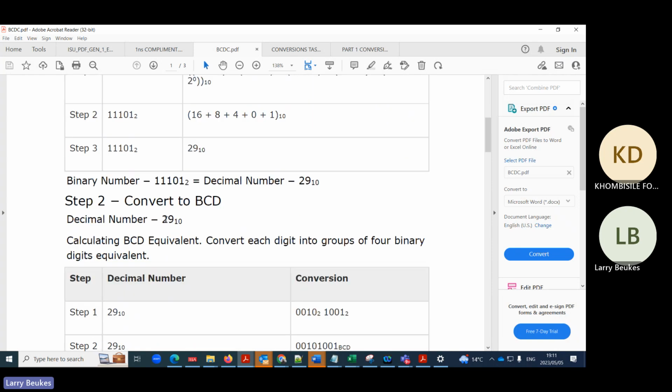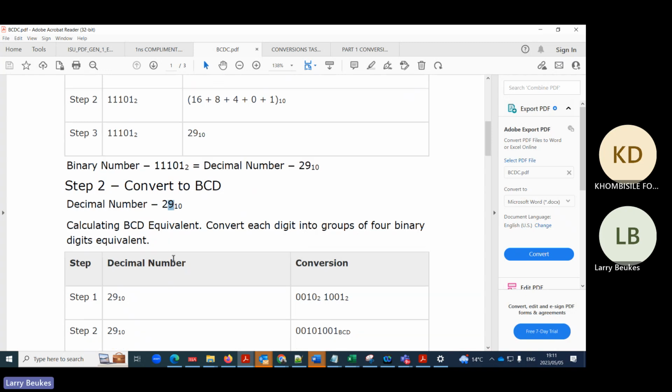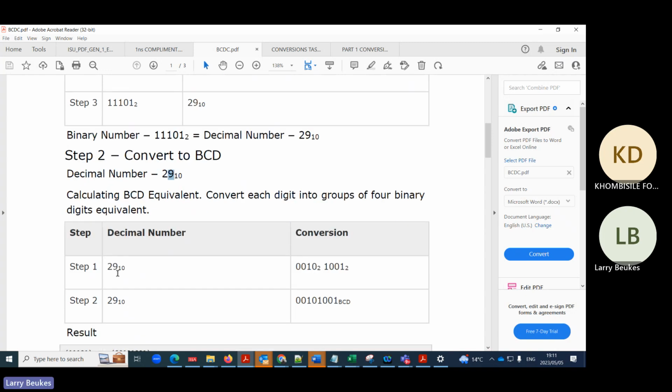When we convert to BCD, we split this 2 and 9. We'll split them apart. We convert each digit into groups of 4 binary digits equivalent, right? But now remember what we convert. From this, we split it into 2. So we need to convert it to decimal first, and then from there, split it into 4.